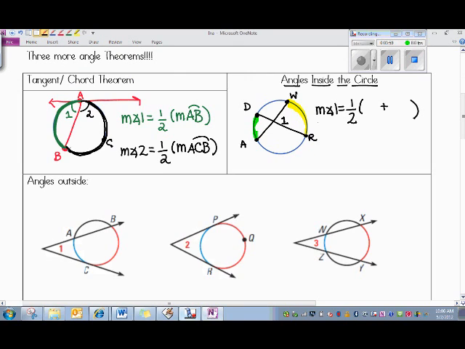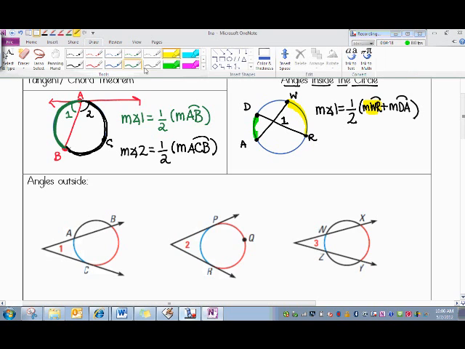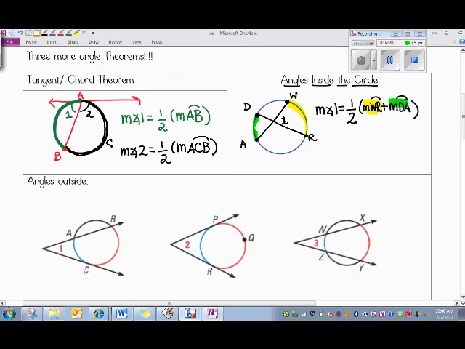The yellow arc is WR in this case, and the green arc is DA. So the measure of angle 1 is equal to 1/2 the sum of WR, which is my yellow arc, plus DA, which is my green arc that I have drawn here.